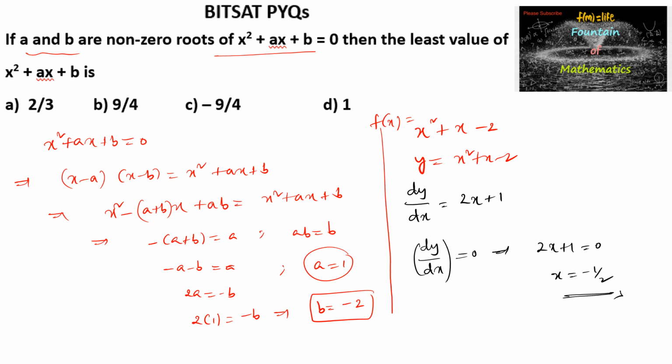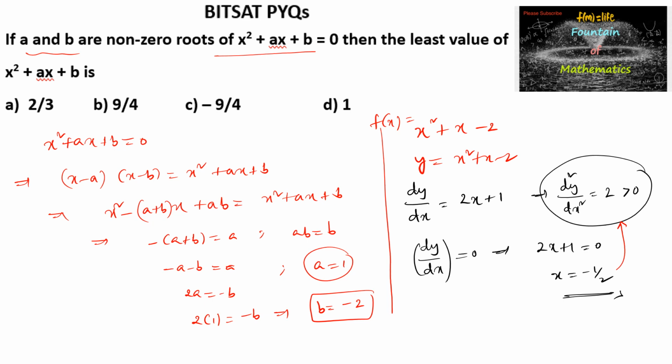So when x is equal to minus 1 by 2, in double differentiation we can write d square y by dx square is equal to 2, which is always positive, and hence for x is equal to minus half, the given function is minimum.